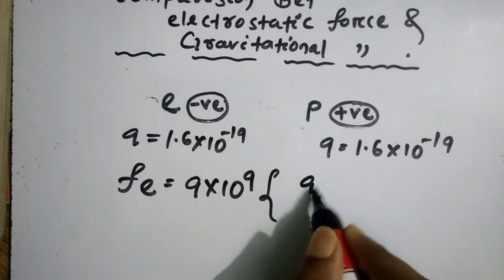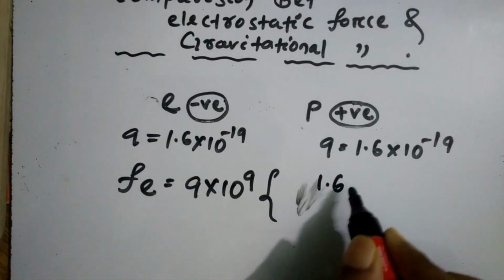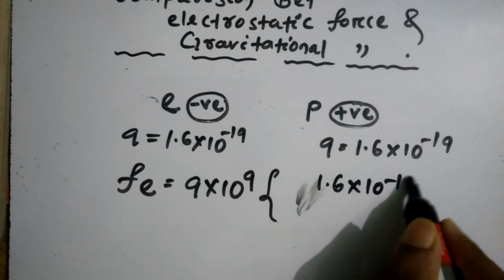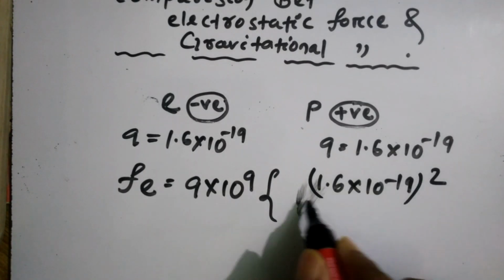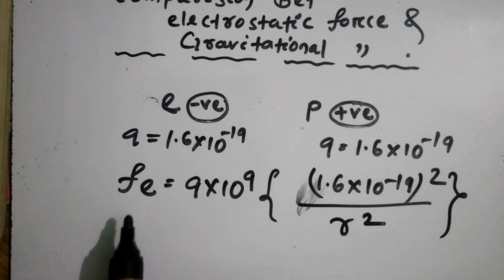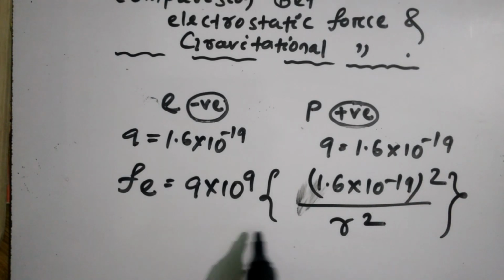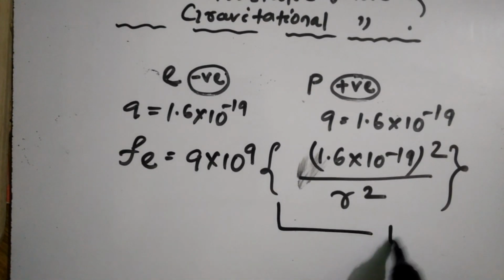So I can write 1.6 into 10 to the power minus 19 whole square divided by r square. This is the value of Fe, the electrostatic force. This is equation 2.